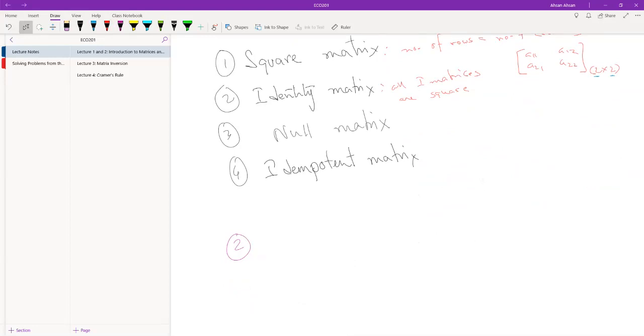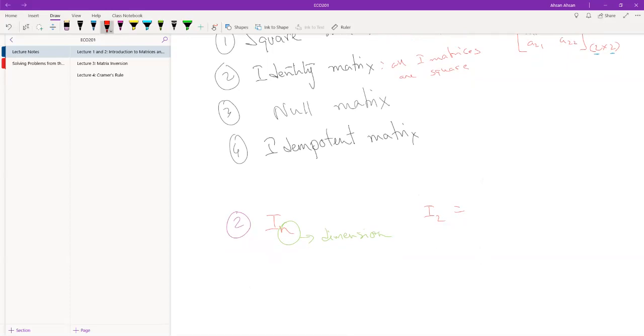The notation for an identity matrix is basically I_N, and this N tells us the dimension. If we are talking about a 2x2 identity matrix, we are going to have I2. If we have a 3x3 identity matrix, we're going to have I3.